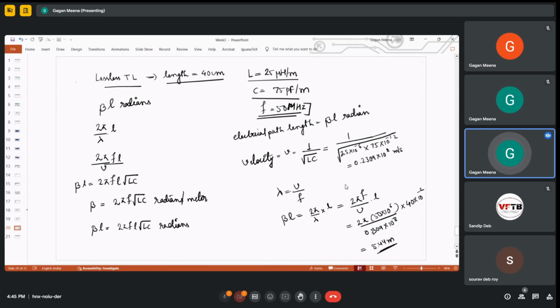By the frequency and this length, we can tell that this is not a power transmission line, it is a communication transmission line. And the question was to find out the electrical path length. The electrical path length is this, beta L in radians.